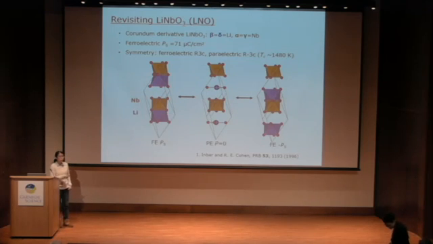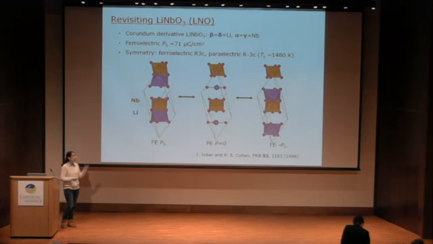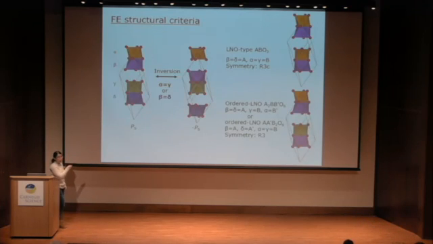So if we assume this mechanism works for all the corundum derivatives, then let's play with this structure. This is the general corundum derivative structure. Let's move these two cations downward, and we get this one. If we assume it is ferroelectric, and we assume that these two structures are related by inversion symmetry, so one is P, another is minus P, then how could these two be the same material?